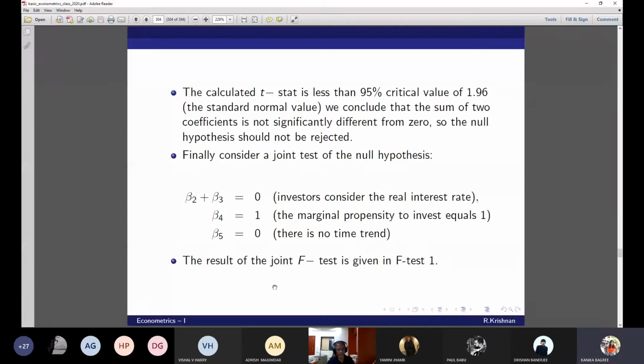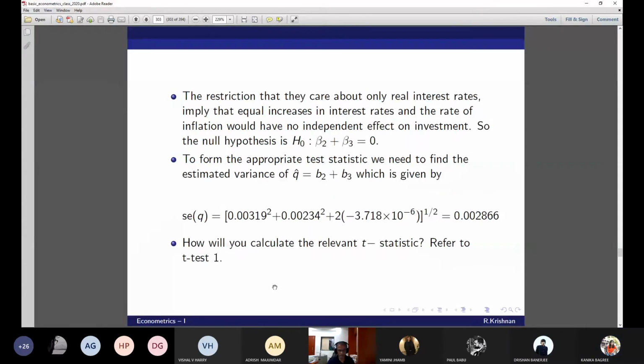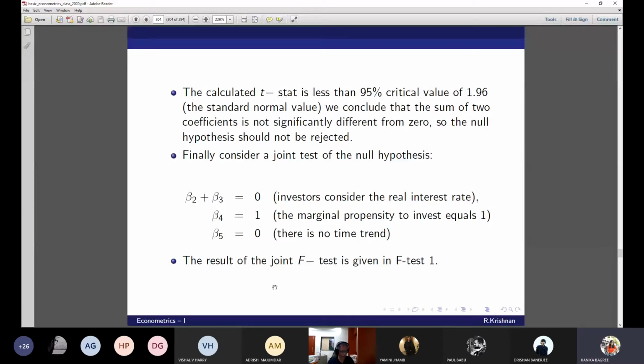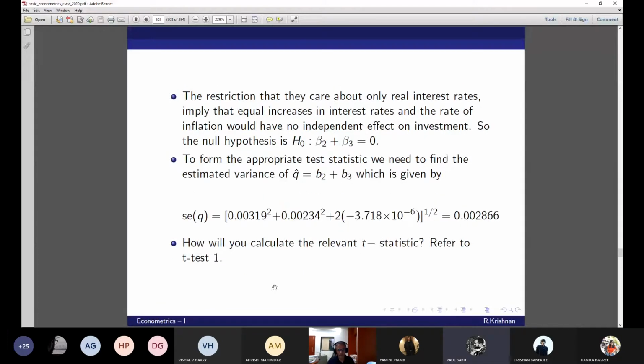Sir, can you show the model once where beta 2, beta 3 are given? You have the output with you, Kanika. Sir, but we don't know what the coefficients are for which variable. We just calculated the beta 2 plus beta 3 T stat, didn't we? Yes, sir.